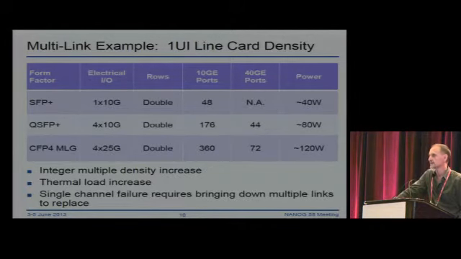And if you go to a CFP4 with 25G I/O, again in a double density configuration, you can get 360 10 gig ports in a 1 RU card. That's the number of ports you can almost get in a half rack. So the payoff is enormous, but the complexity of network or data center operation goes up.